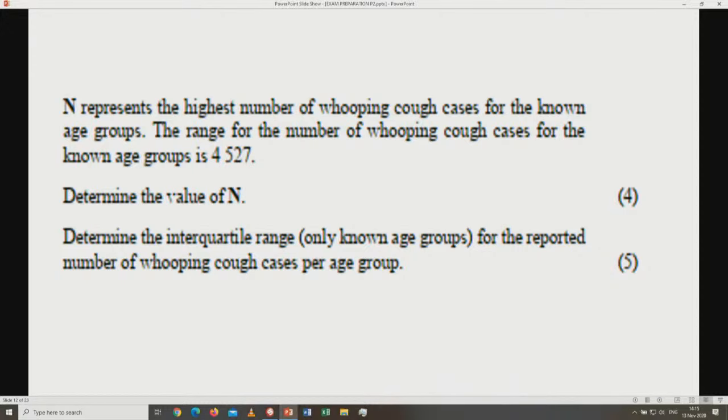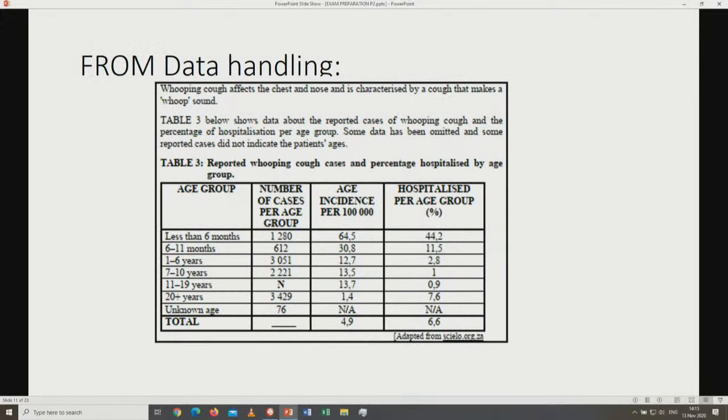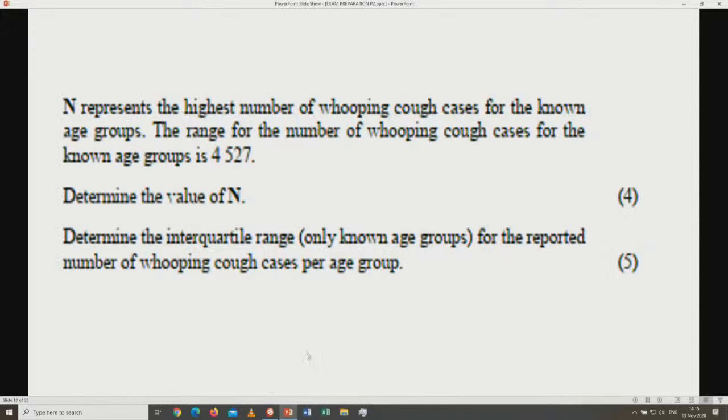So determine the value of N. And if you go back into the table, the value of N is the number of cases per age group. So this whole thing that they talk about here is the number of cases per age group. So we are going to be in a specific column in the table. So what I am going to do now is I'm going to move over to my piece of paper.